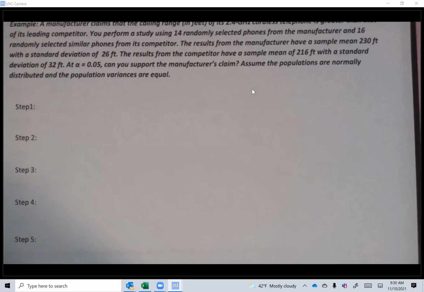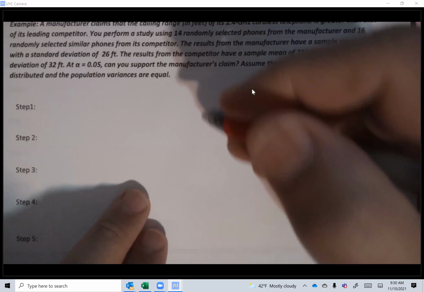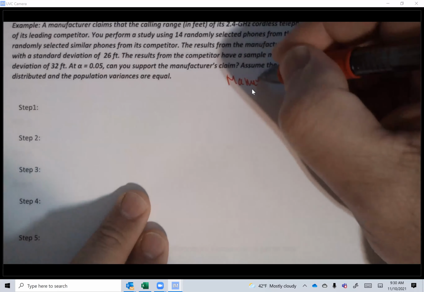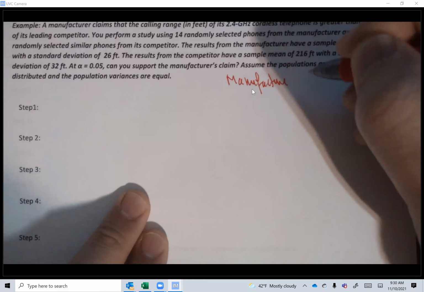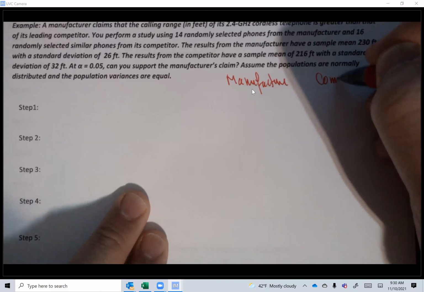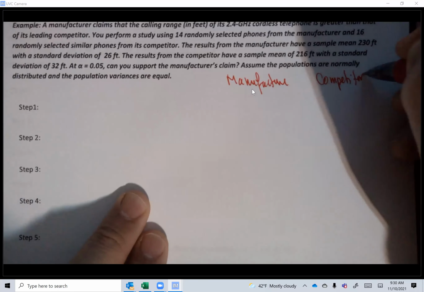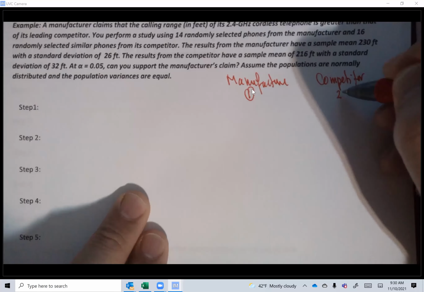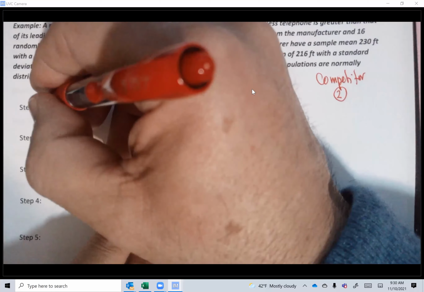Okay, so this is the manufacturer. We'll call the manufacturer number 1. Usually whatever we begin talking about is number 1 and competitor is number 2. Okay, that's 1 and that's 2. So I agree.